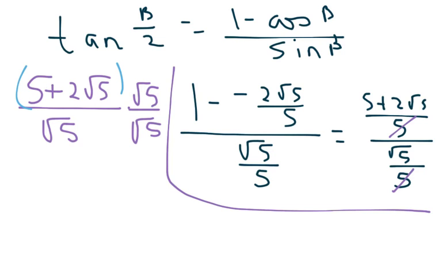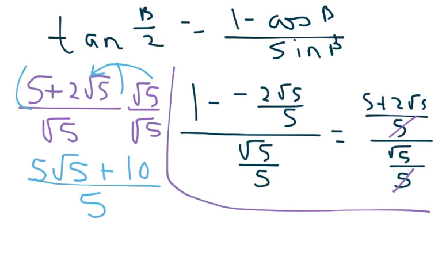And the denominator is just going to be 5, and we're going to get 5 root 5 plus 2. When you multiply these two, you get 10. So it's 5 root 5 over 5 plus 10 over 5, which equals root 5 plus 2. And you are done.